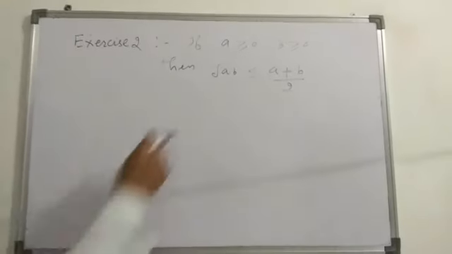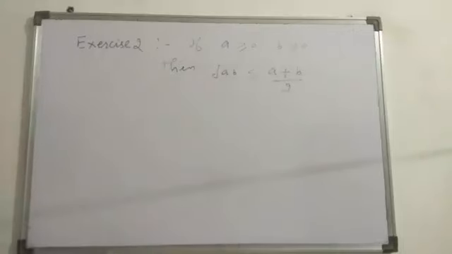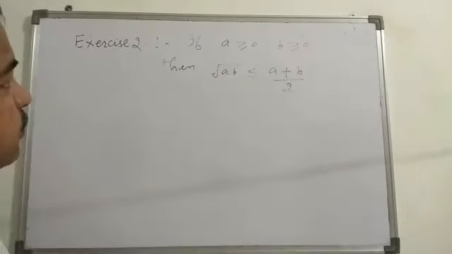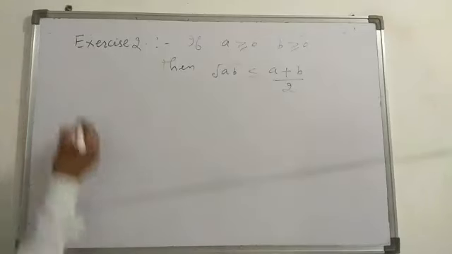That is geometric mean. This under root of ab is known as the geometric mean between a and b, and this is the arithmetic mean between a and b. So we have to show that under root ab is less than or equal to a plus b upon 2.